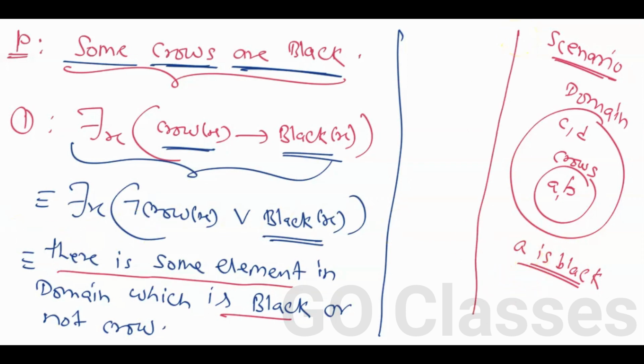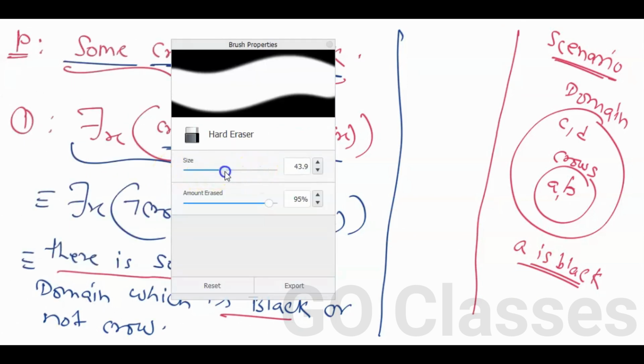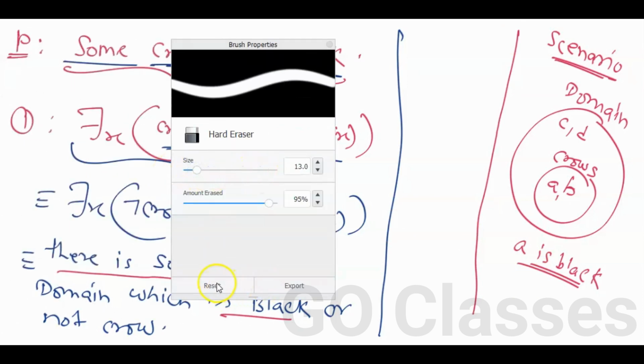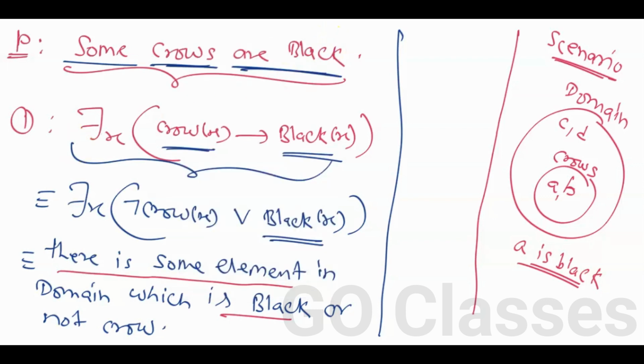Sorry, let's consider another scenario. Now assume that no crow is black.